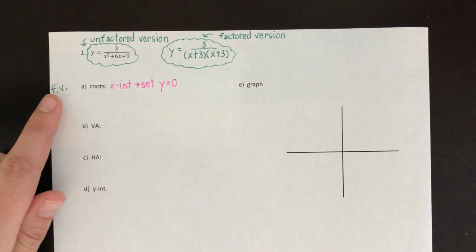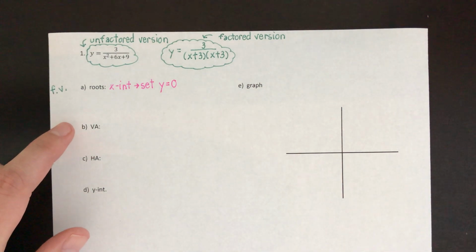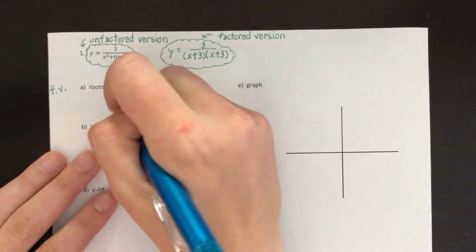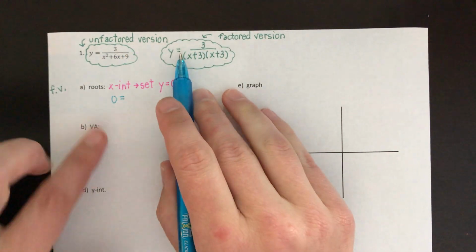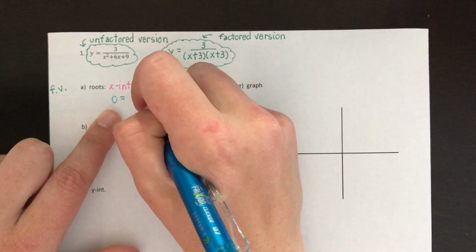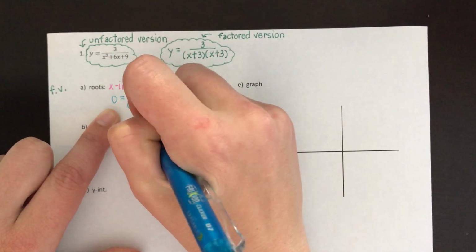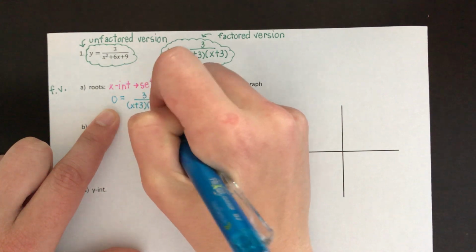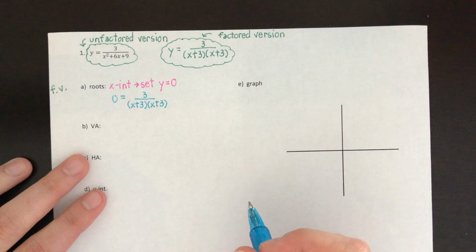So 0 in for y, 0 equals 3 over the quantity x plus 3 times the quantity x plus 3. Okay, how do I solve?